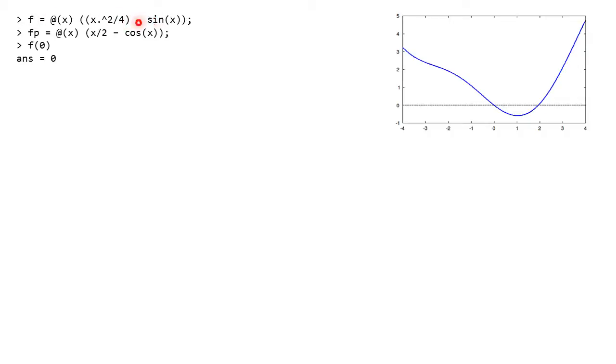So we're going to say f is x squared over 4 minus sine x, which is our original function, and then fp, which I'm just kind of shortening f prime. This is the derivative. I could say just as easily df is also a function of x, and that is x over 2 minus cosine of x. And so if we plot these two things, we get still the plot over here.